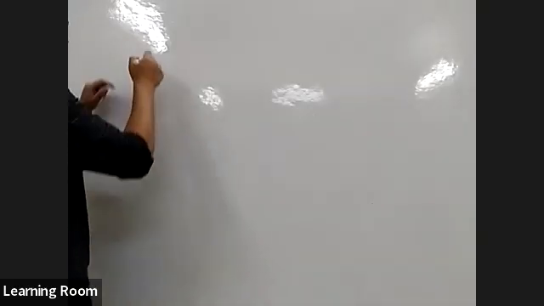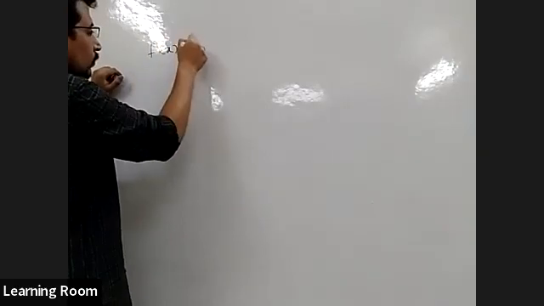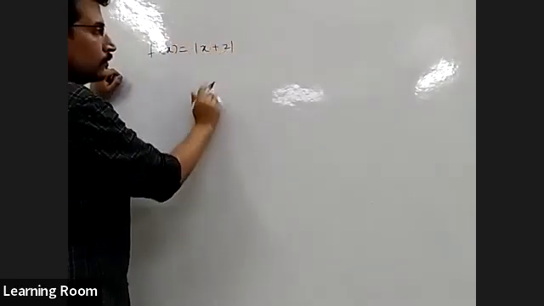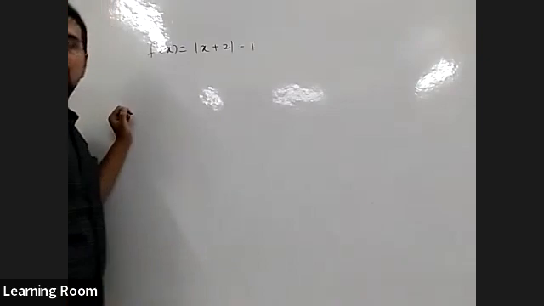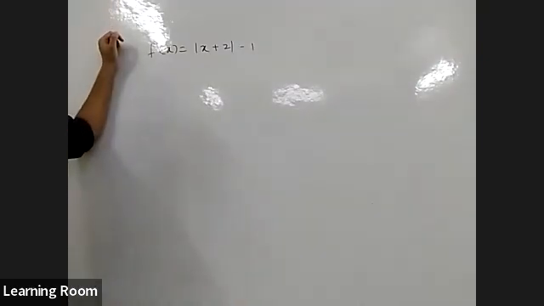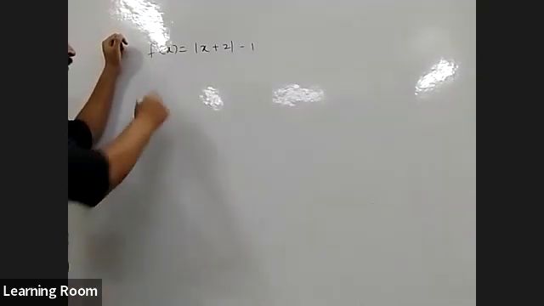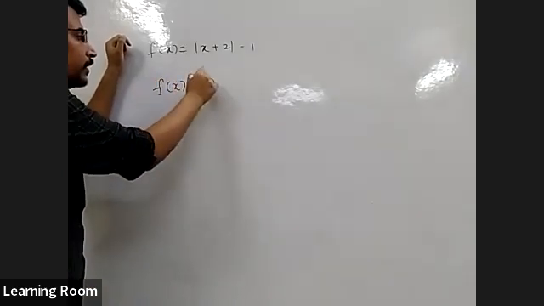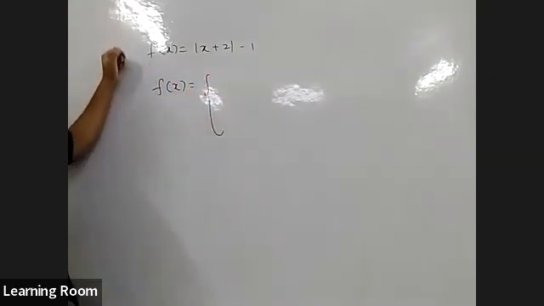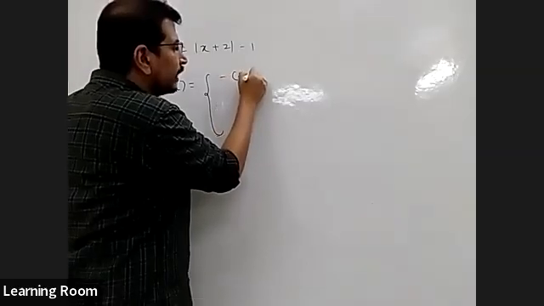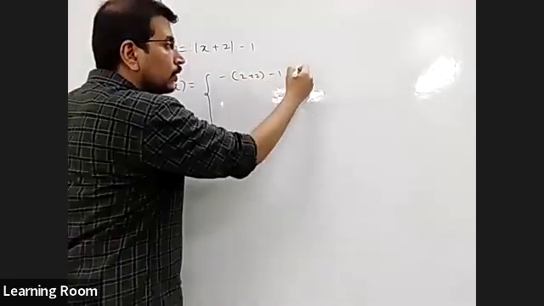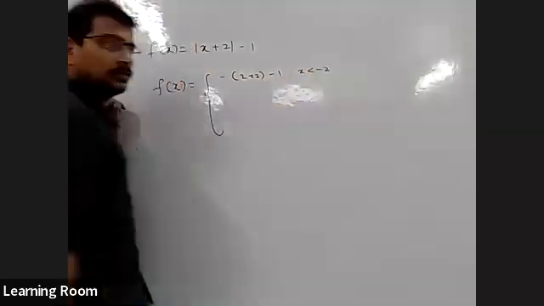Second, what is the problem? So first, split this function and write it. It is minus of x plus 2 minus 1 when x is less than minus 2.